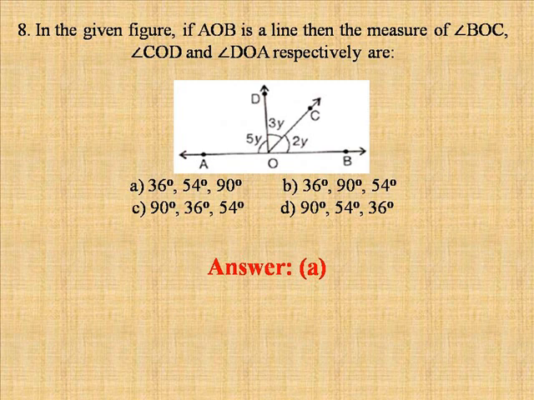You can see 2y, 3y and 5y, these 3 angles make a straight line. So their sum is 180 degrees. So 2y plus 3y plus 5y, that is 10y, equals 180 degrees. So y is 18 degrees. So the answers will be 2 into 18 is 36, 3 into 18 is 54, 5 into 18 is 90 degrees. So option A, 36 degrees, 54 degrees, 90 degrees is the answer.